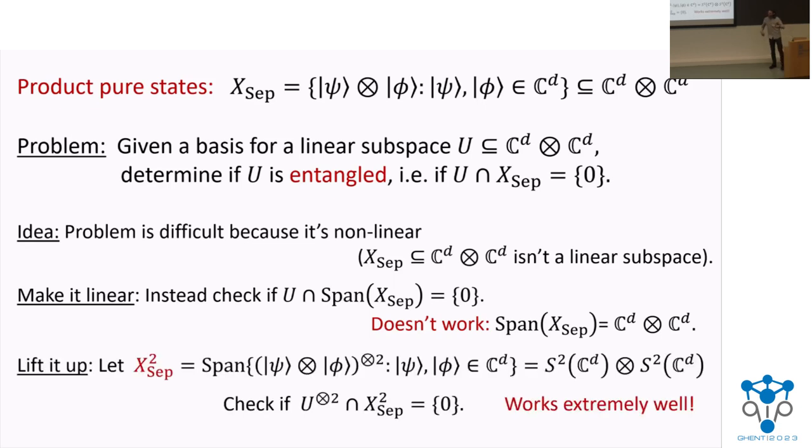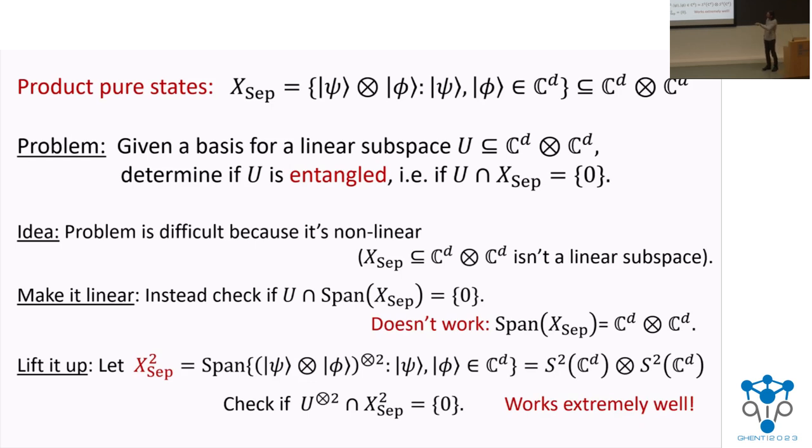So instead, we lift it up: instead of looking at 2 copies of C^d, we go up and make the problem a little larger, to 4 copies of C^d, and consider this lifted space of product vectors.